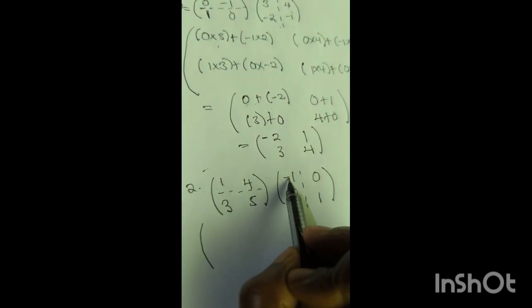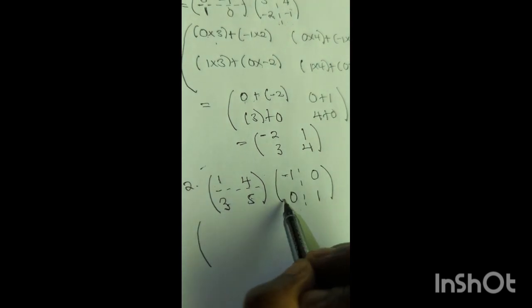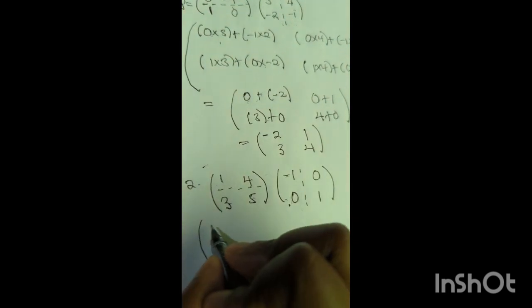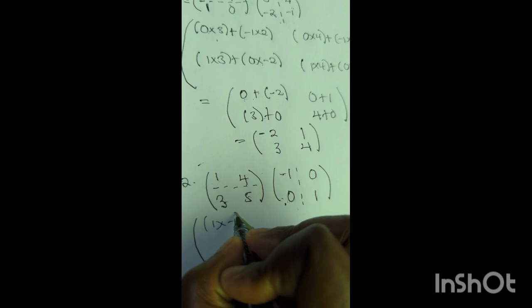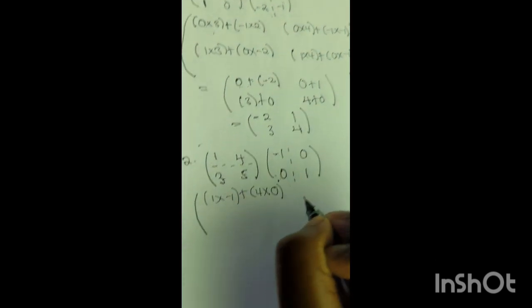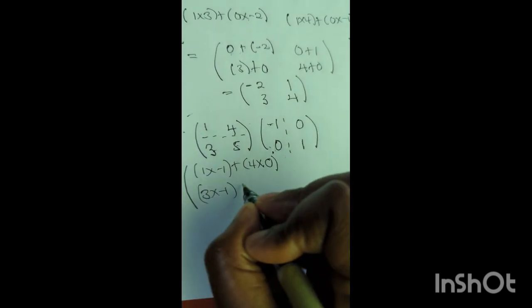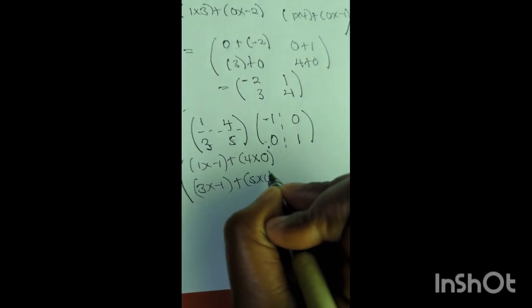1 by -1, then 4 by 0. 3 by -1, then 5 by 0, then we'll finish with this one. 1 by -1 plus 4 multiplied by 0. Next, 3 multiplied by -1 plus 5 multiplied by 0.